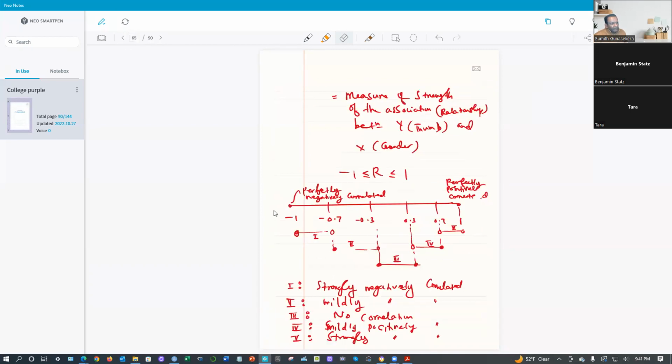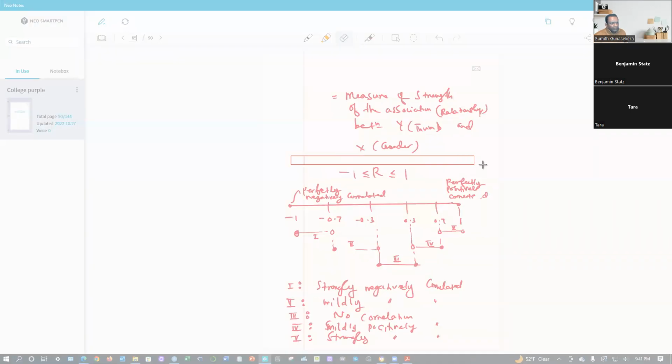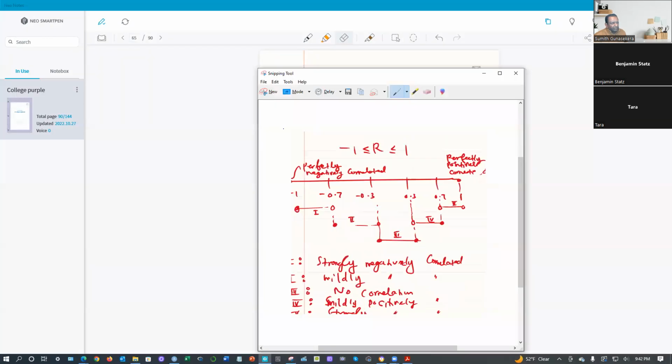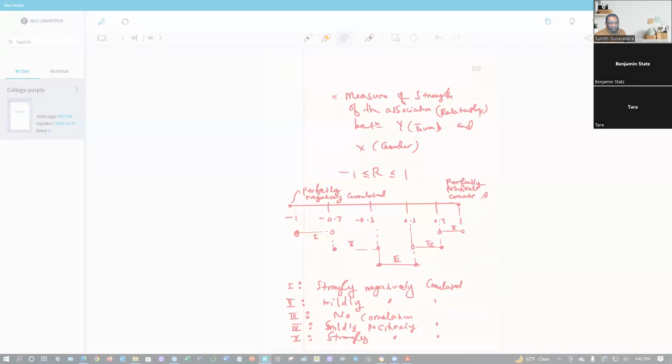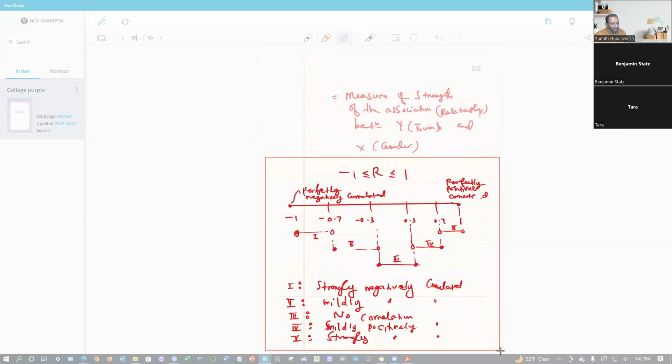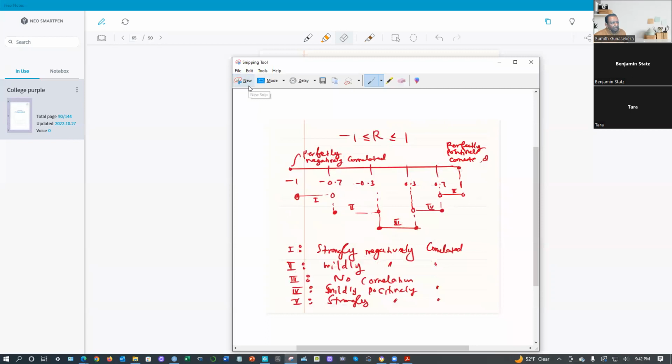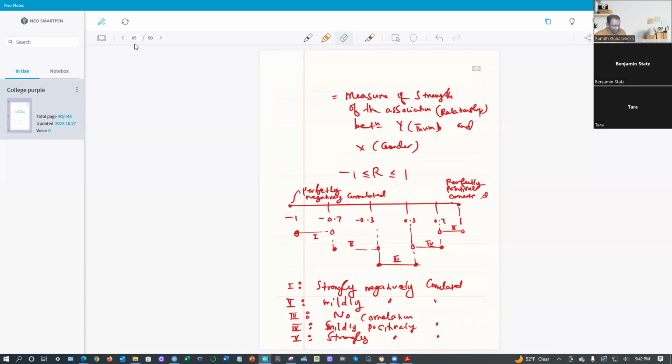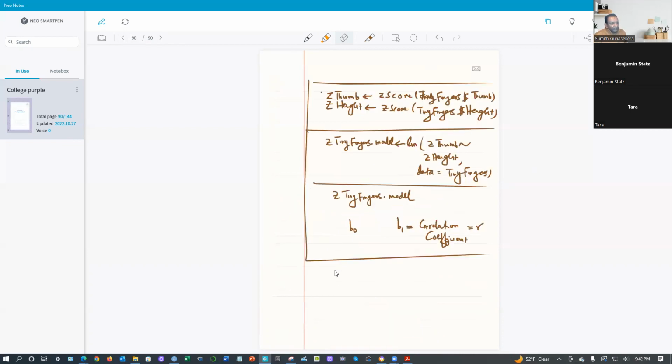You can try a different way. So, copy and try to see if we can paste it.